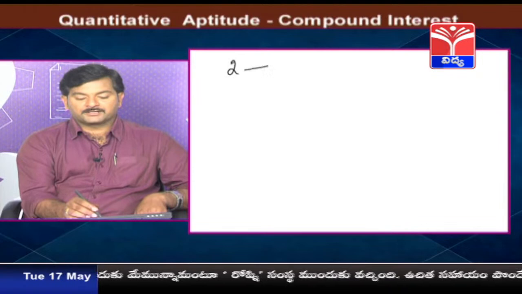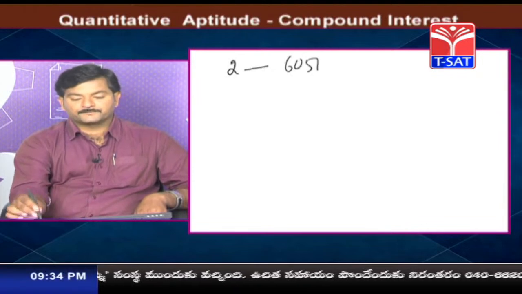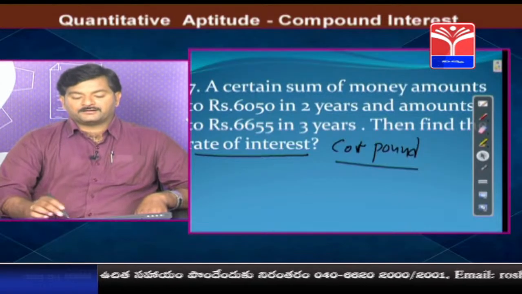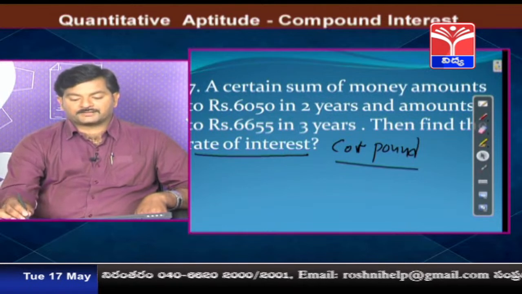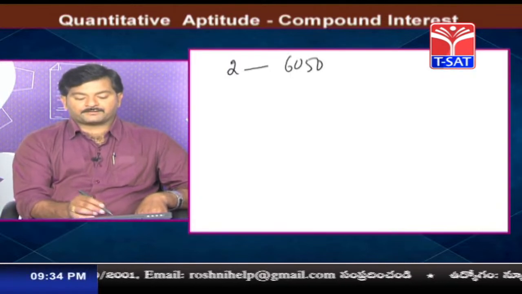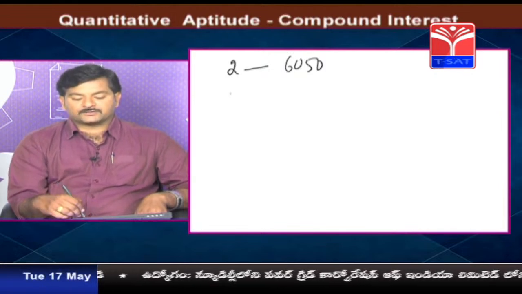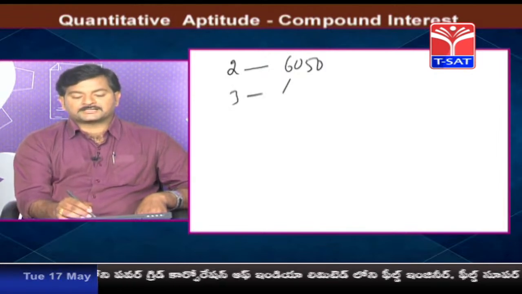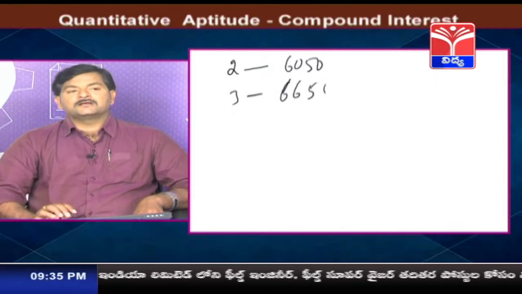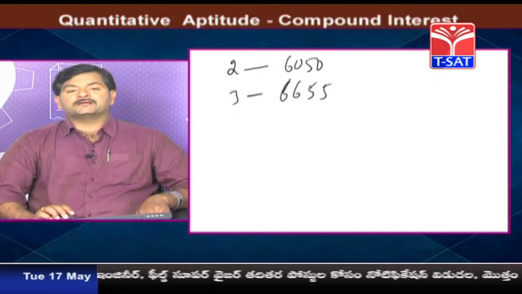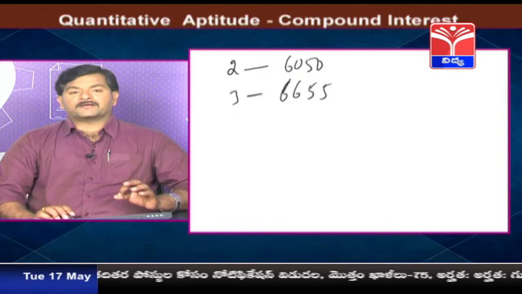For 2 years it will amount to how much? For 2 years it amounts to 6050 rupees. For 3 years it will be 6655 rupees, according to compound rate of interest.